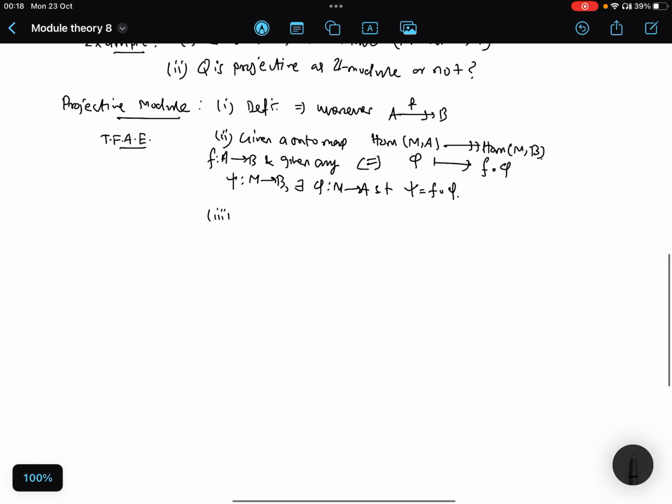Now let's see the third one. It says that any projective module can be written as a direct summand of a free module.